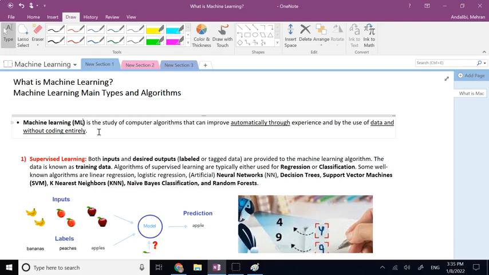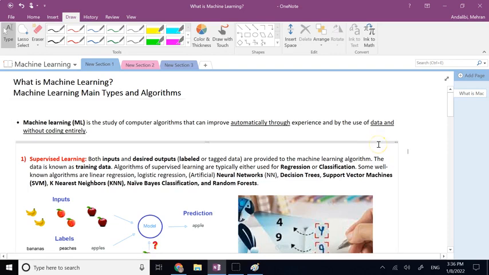We try to learn ourselves through interaction, observation, and through the data that we get from the world. That's the idea of machine learning: to make the algorithms and the robots act like humans. So there are three main types of machine learning.